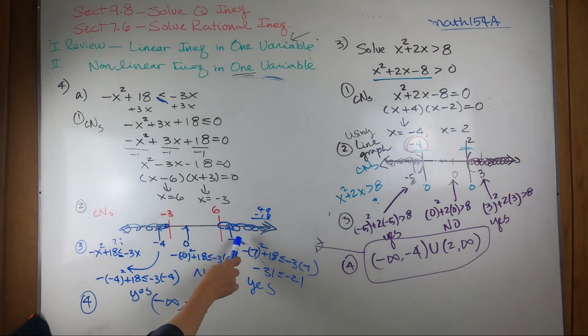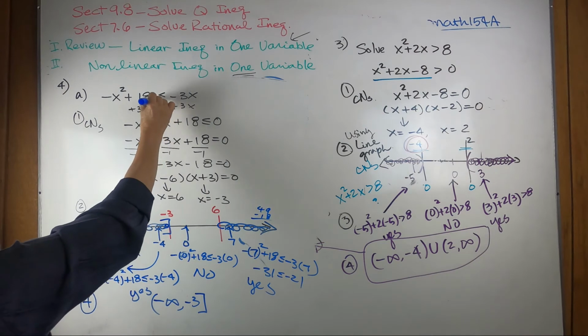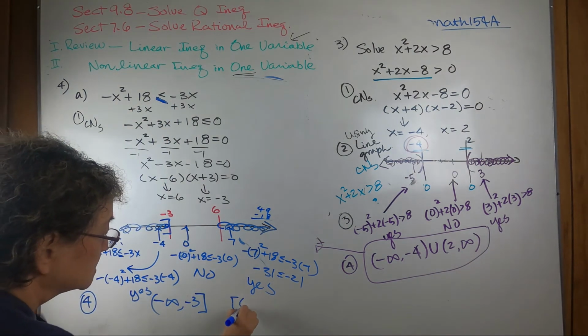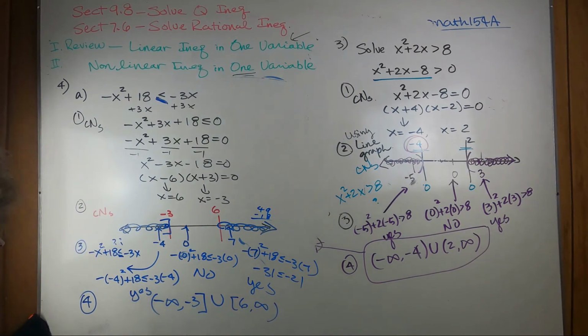Then for this one, do we include 6? You plug in, and actually they are equal. So that would be 6 to infinity. You have to include that boundary condition, because the boundary condition makes it 0 for the quadratic inequalities.